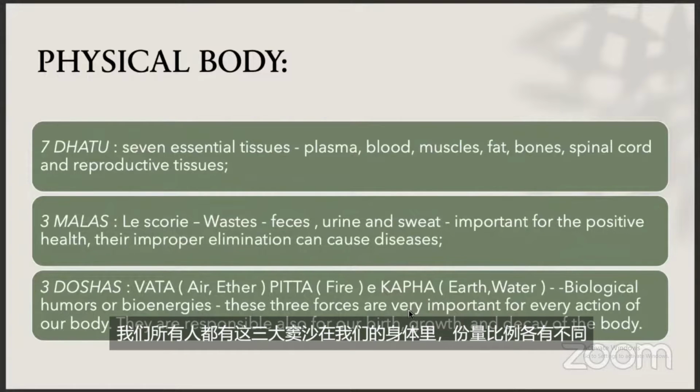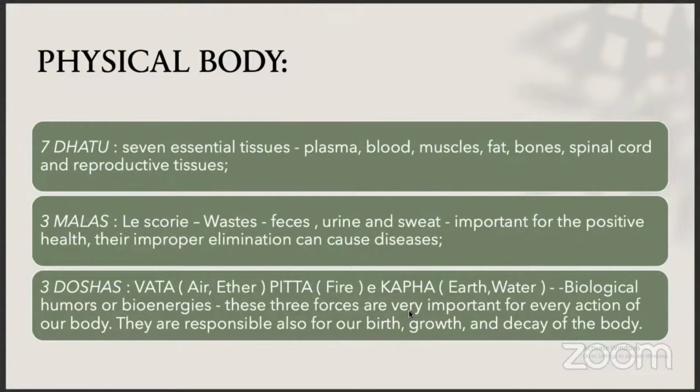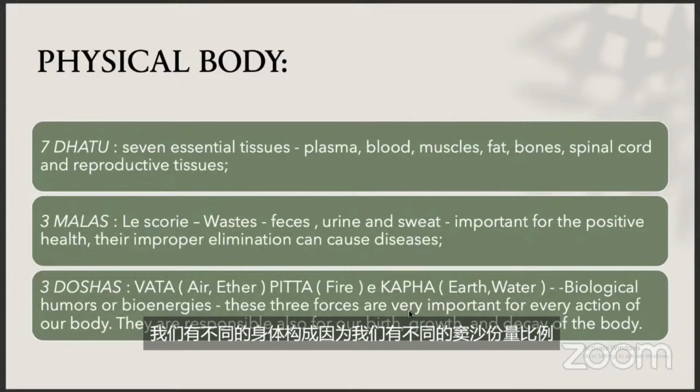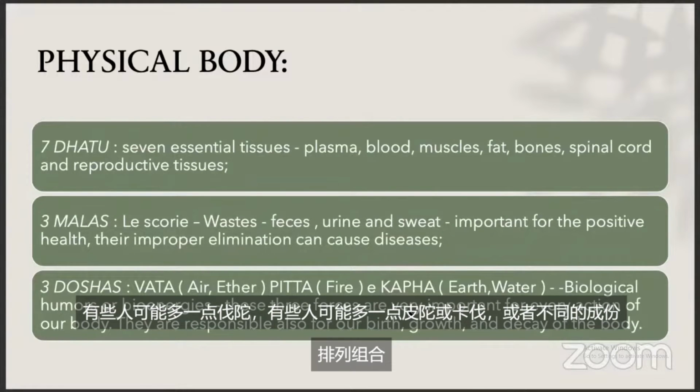All of us have all three doshas in our body in different quantities, and they are responsible for our physical constitution. Each one of us has a different constitution because we have different percentages of these three doshas. Someone may have more vata, air and ether, or pitta, fire, or kapha, or there are many combinations of them.